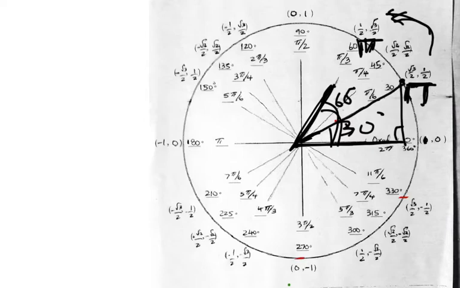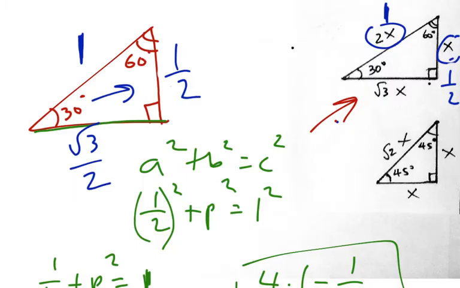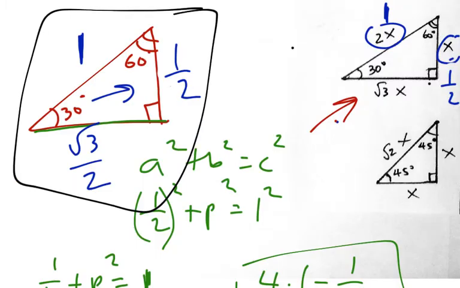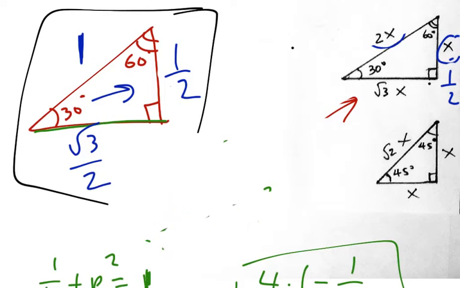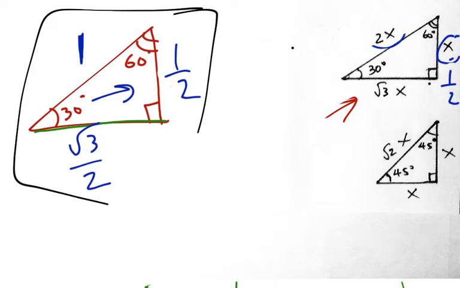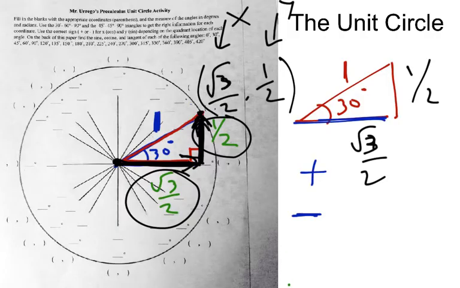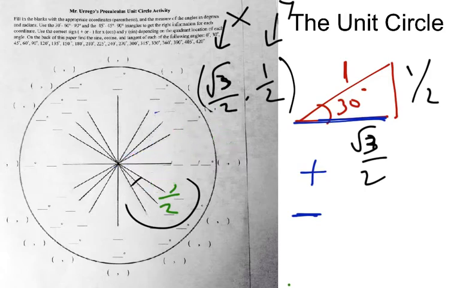Let me show you why. I have my triangle. I have my 30-60-90 triangle. Let me erase so I can make some space over here. Now, the only thing that I want is I need to locate those triangles in standard position. My angle in standard position is basically, I need to start from 0, okay?